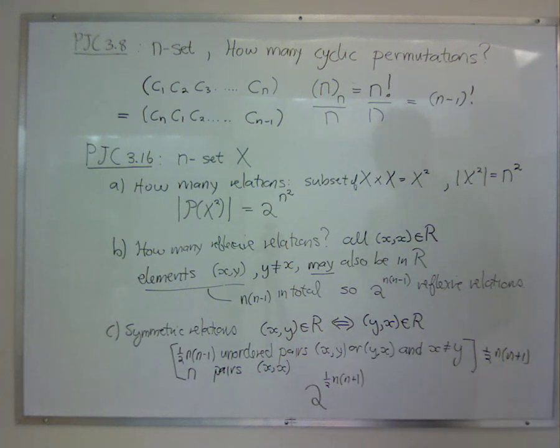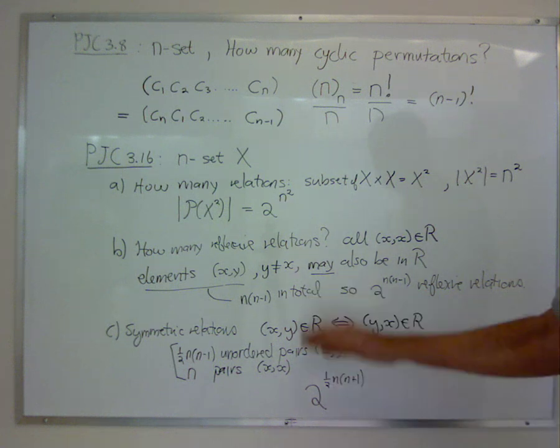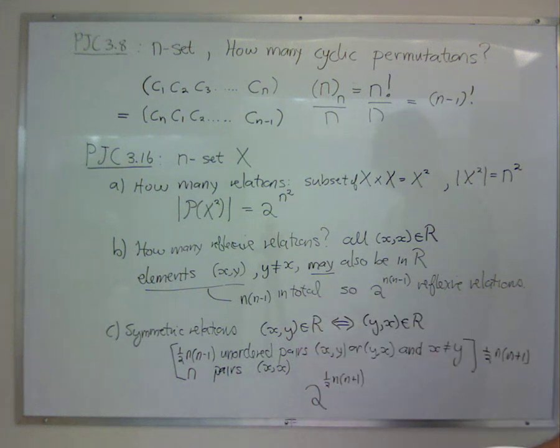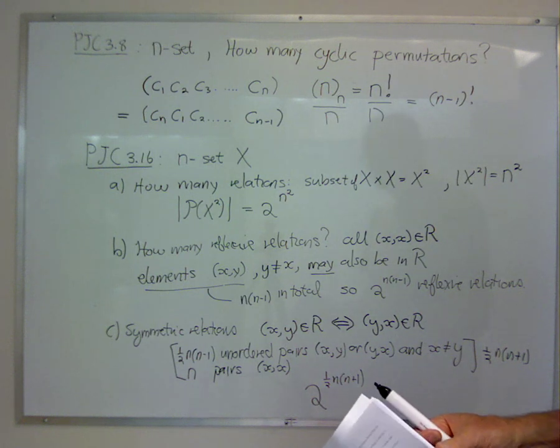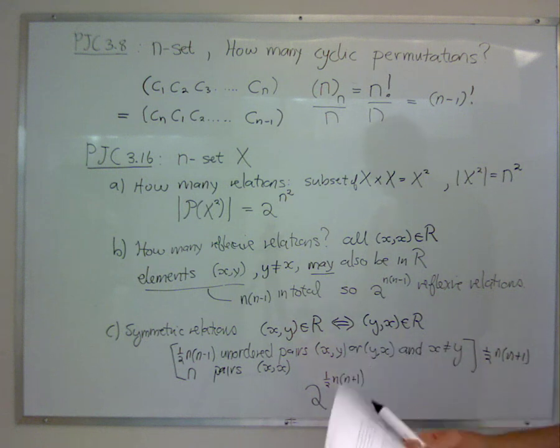I won't do that. There's also a last one, reflexive and antisymmetric, but the argument is very simple and rather similar to B and C. So let me again clean up the board, and then we will look at another one.